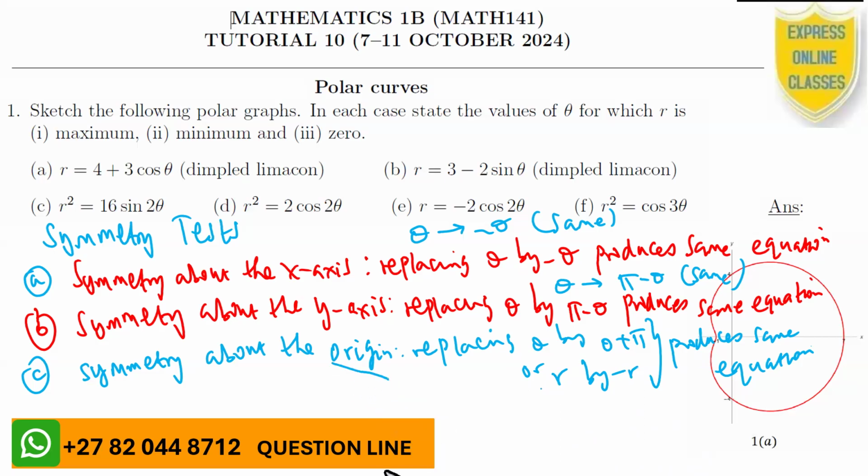This means symmetry about the origin. These things are very useful when we sketch graphs. This is very, very important for us.